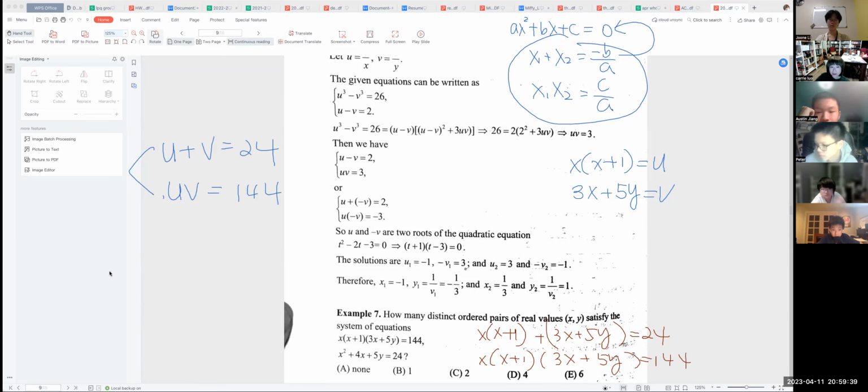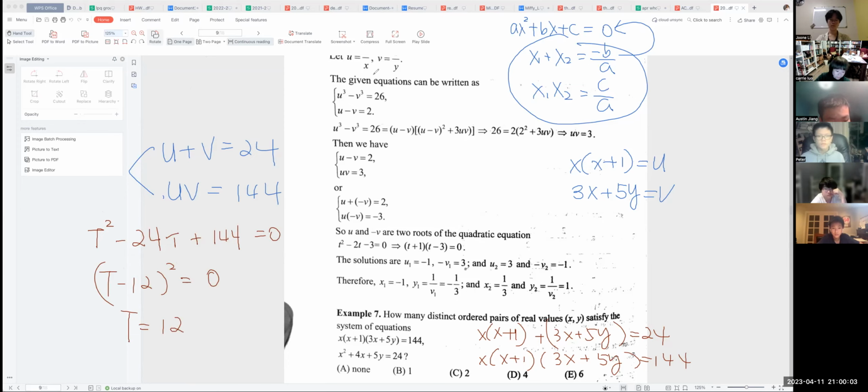So now I can have an equation as what? t squared minus 24t plus 144 equals 0. Did you get it, everybody? This part, okay, this one is very easy. So t minus 12 squared equals 0. So t equals 12.